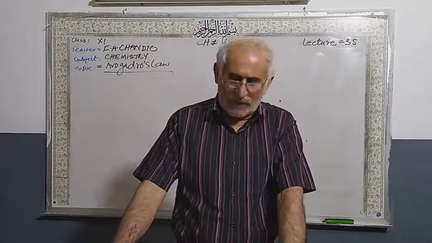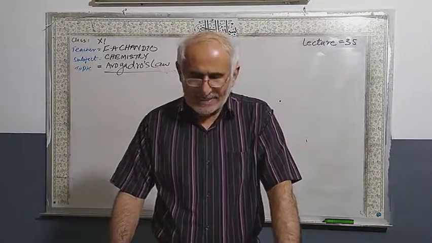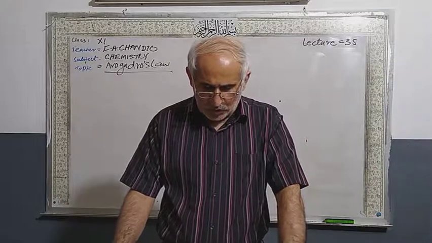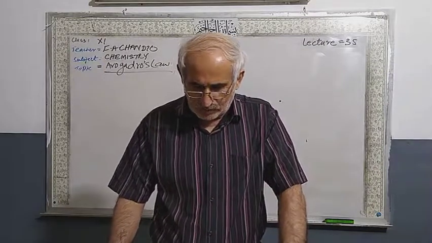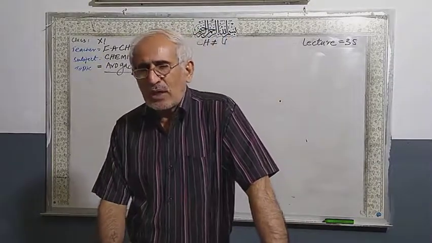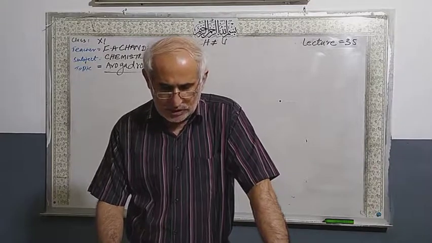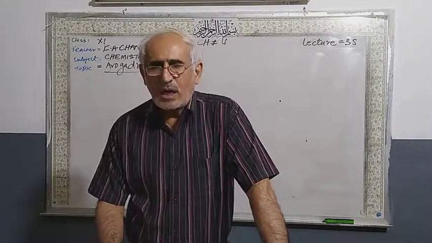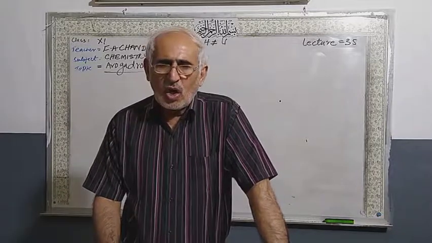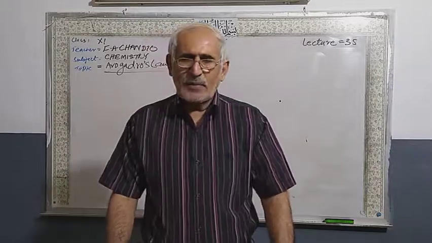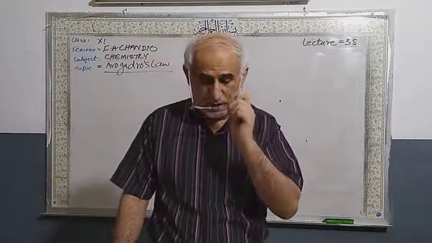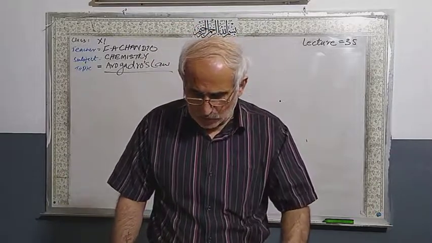This means that for equal volumes of two gases at a fixed temperature and pressure, the number of molecules of both will always be the same. Equal volumes of all gases at the same temperature and pressure contain an equal number of molecules. This is called Avogadro's law.